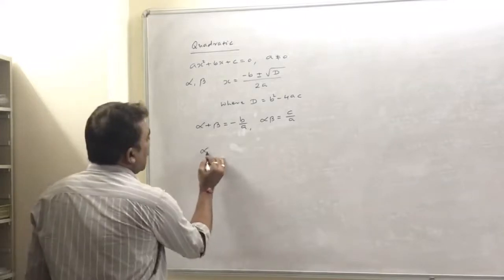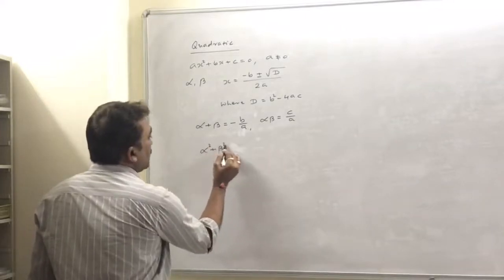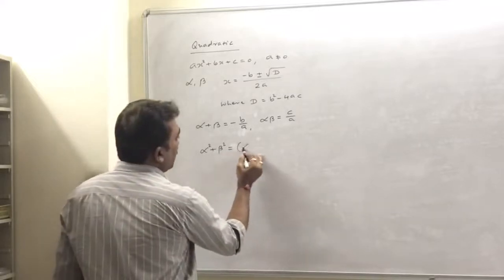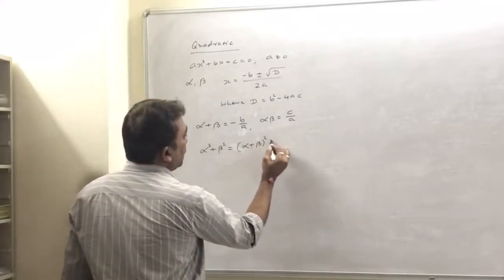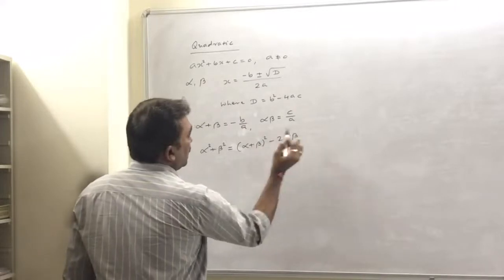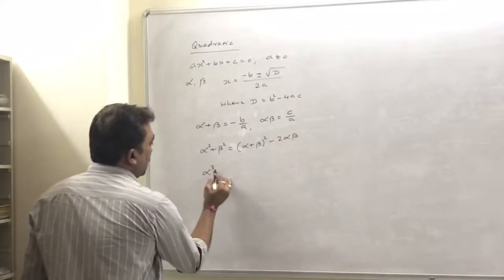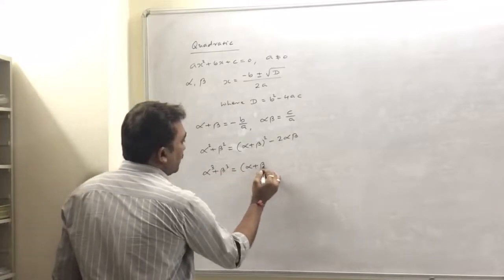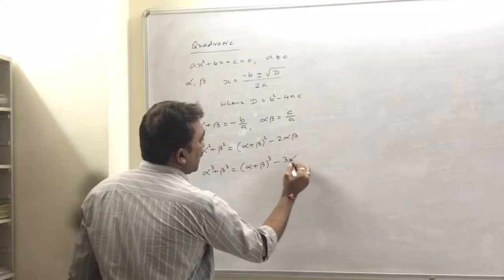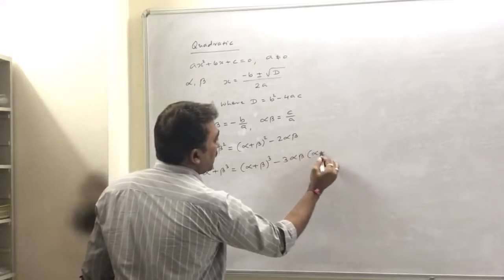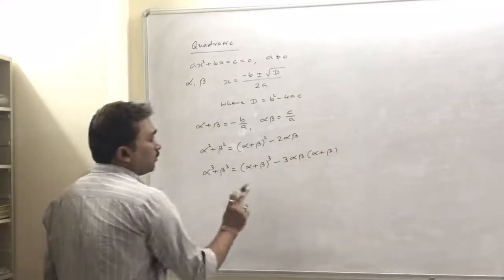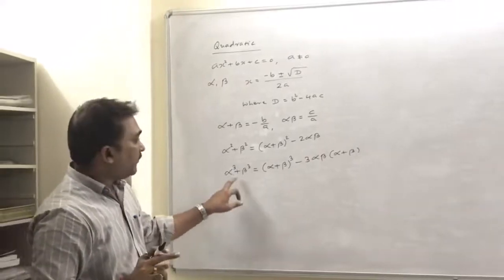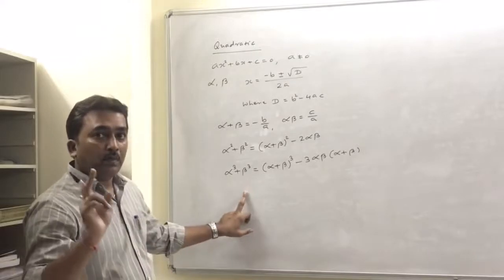And if we want to find out alpha square plus beta square, then always we have to use this format: alpha plus beta the whole square minus 2 alpha beta. Alpha cube plus beta cube is alpha plus beta the whole cube minus 3 alpha beta into alpha plus beta. We have to use this format to find out the value of alpha square plus beta square and alpha cube plus beta cube. Remember this part.